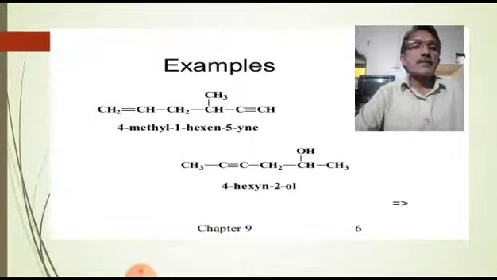That's why numbering must be done from right to left only. The OH group is present on the second carbon and the triple bond is present on the fourth carbon. The chain contains 6 carbon atoms, so 4-hexyn-2-ol is the IUPAC name of this compound.